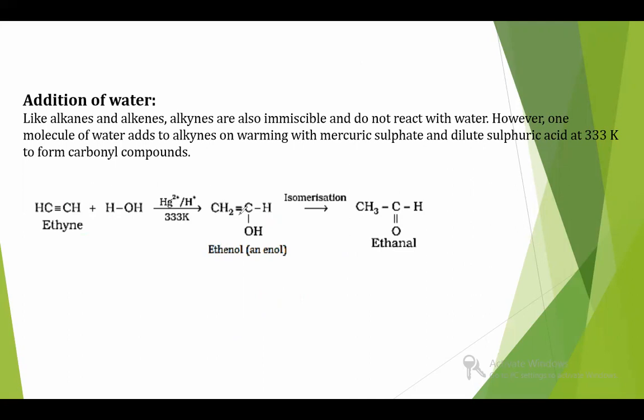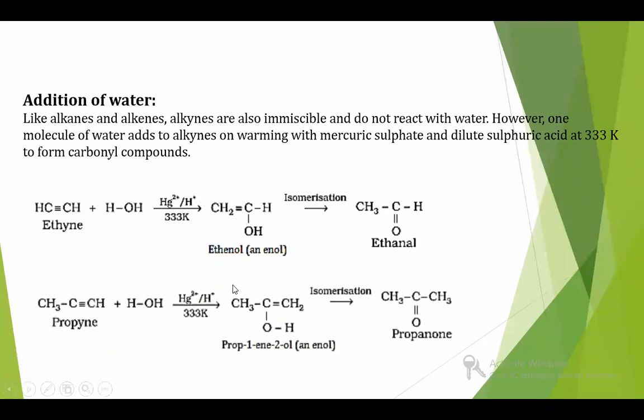And you can also see propyne with the same chemical reaction using mercuric sulfate, forming propenol, which is an isomeric form of propanone, a ketone. This is C double bond O, a ketone, that is not an enol.